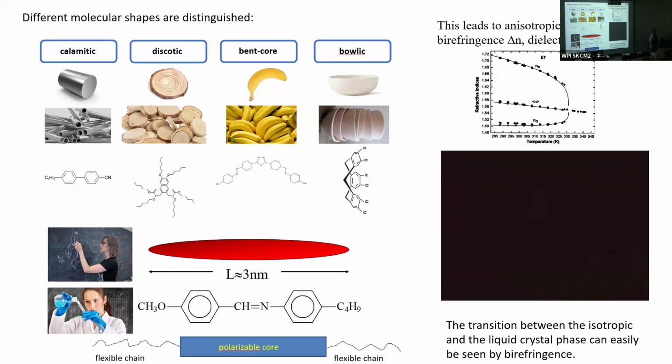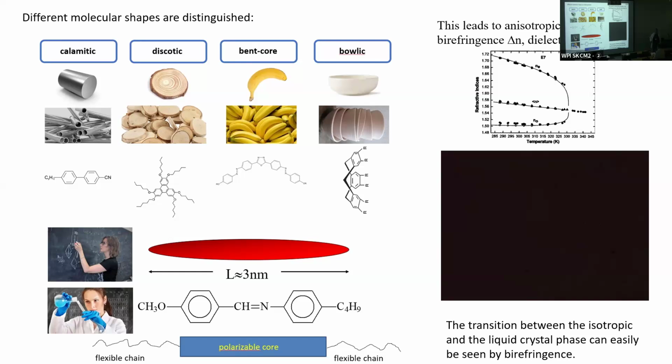The chemists, of course, say, oh, no, these are much more complicated. These look like this. There are benzene rings and all sorts of groups and so on. I usually prefer the viewpoint in the middle. There's a polarizable central core and there are floppy chains on the ends.